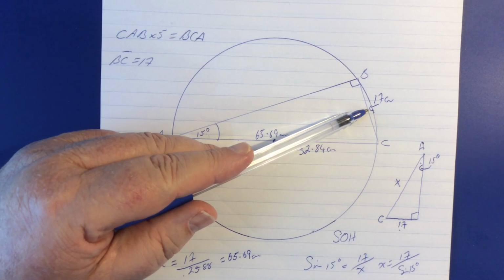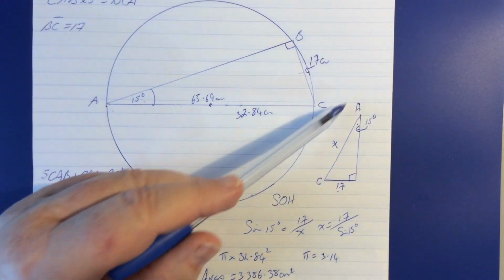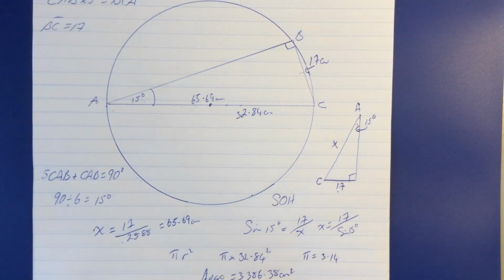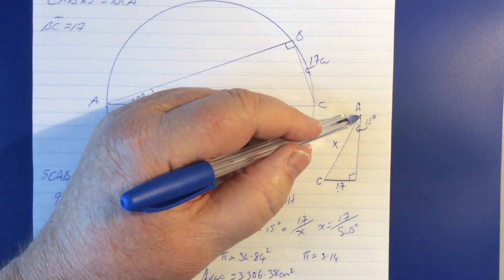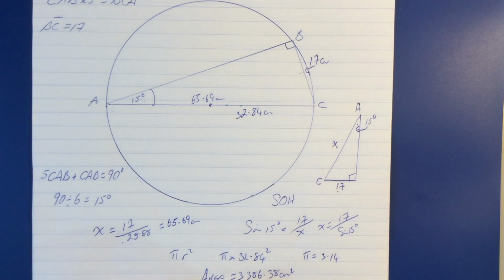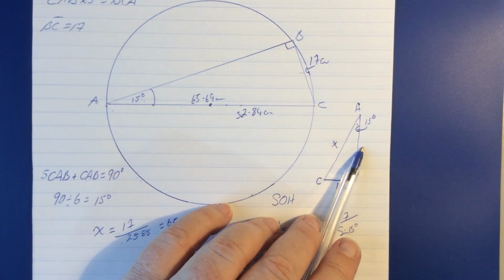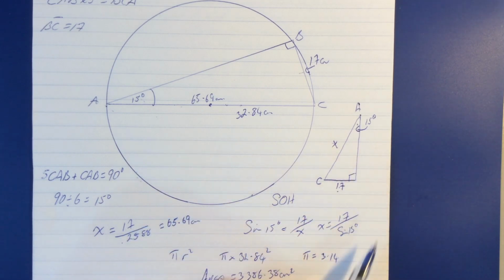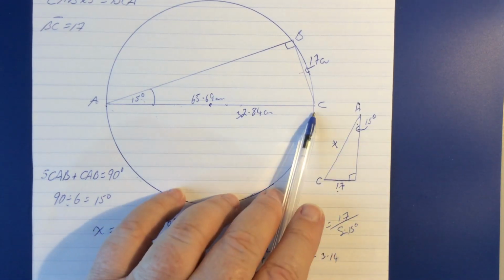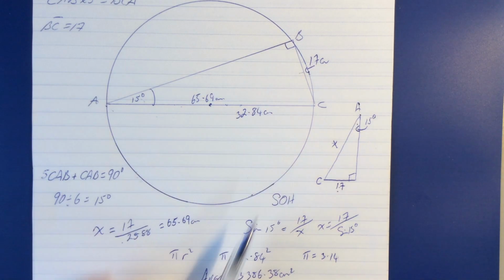We know that length. Then we're just into straight trigonometry, very simple trigonometry using a sine ratio. And we are looking for this length. I know, given the way that this looks, you could be seduced into thinking that you're looking for that length. You're not. You're looking for this length, the hypotenuse, because that's where the right angle is there.